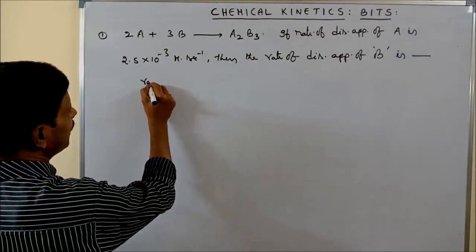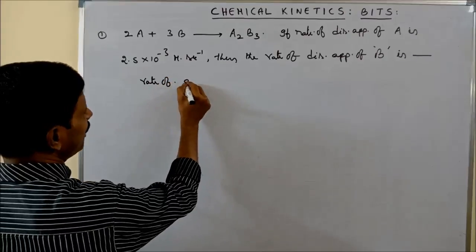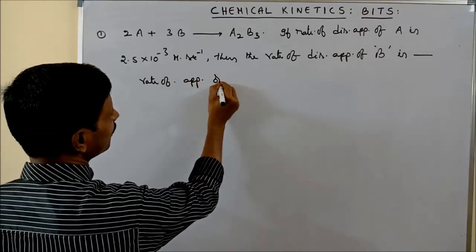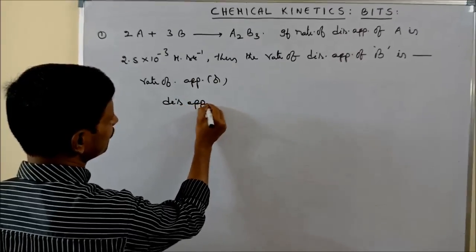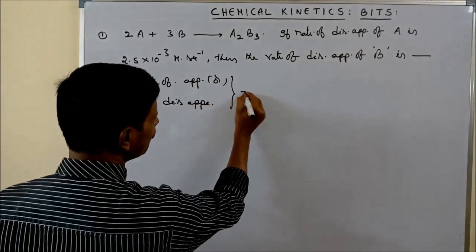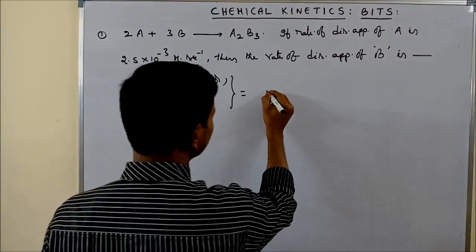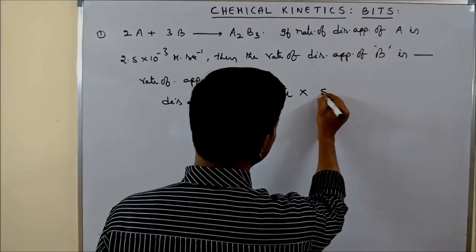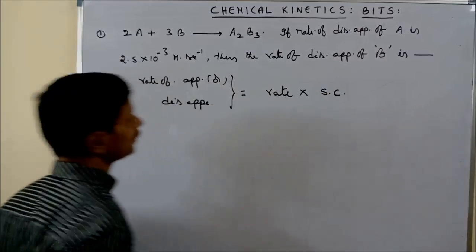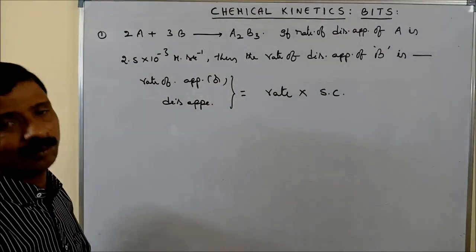Here, rate of appearance or disappearance is equal to rate of the reaction into its stoichiometric coefficient. This is the formula we have to remember.